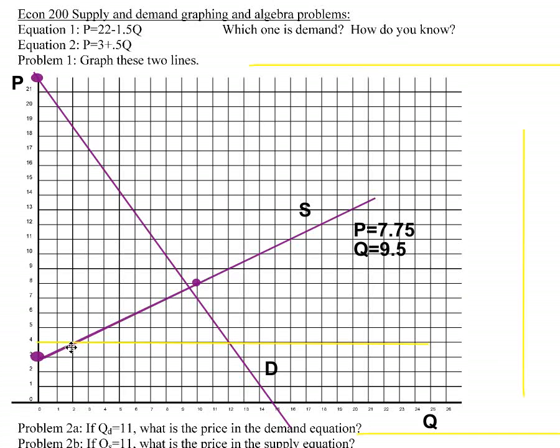Well, it looks like the quantity they want to supply is only 2 at a low price of $4. And so this difference between the 12 and the 2, that's 10 units, a quantity of 10 difference between how much people want to buy at that low price and how much people want to sell at that low price. And that difference is what we call a shortage.